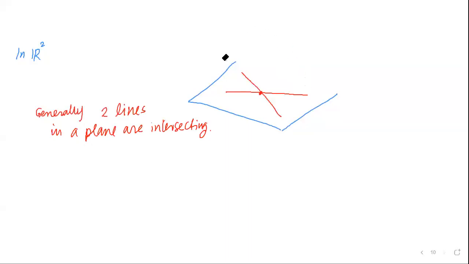So usually you have lines in a plane that are intersecting. Yes, these lines have infinite length, and this plane is infinite. So when you have two lines which are parallel, this is a degenerate case.